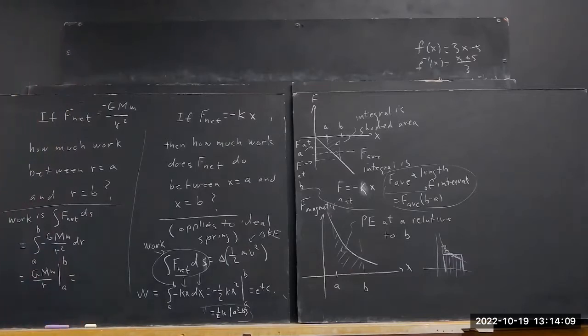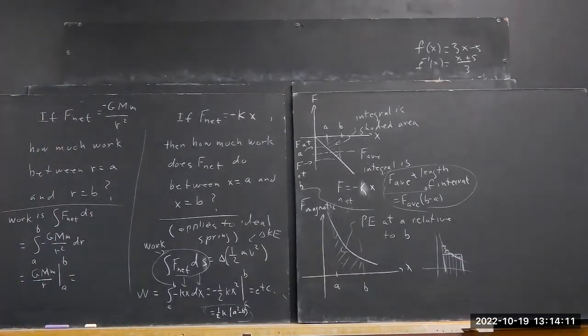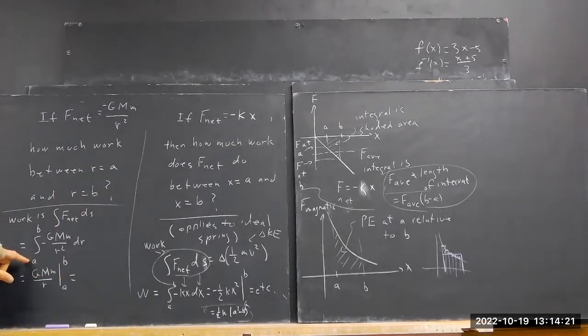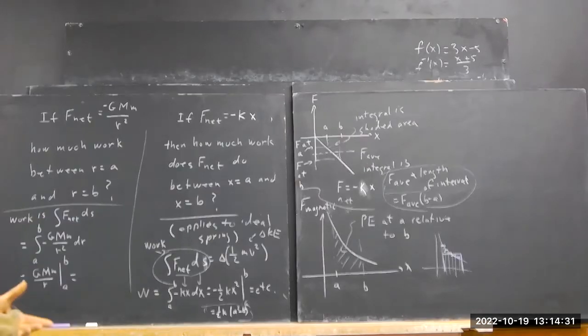Well, there it is. If a is the edge of the atmosphere, wherever that is, okay, because the atmosphere kind of gradually dissipates. If a is the edge of the atmosphere and b is where we drop it from, then this has relevance for the change in the kinetic energy of that pool ball. It's very, very simple.